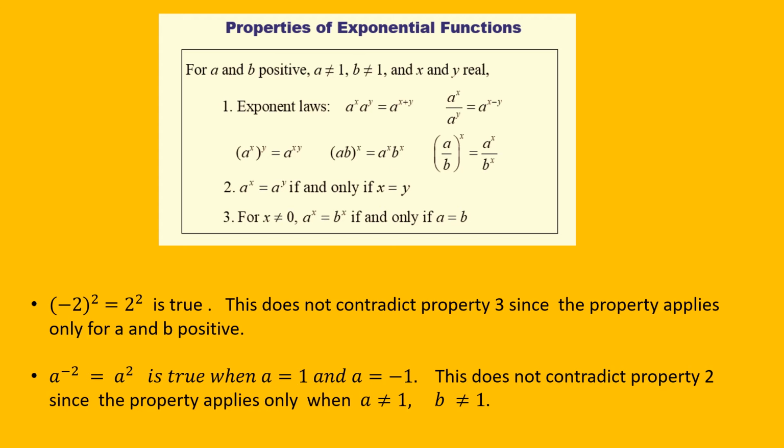This again does not contradict the given property, property 2, that a raised to x would be a raised to y only if x is equal to y. Here x = -2 is not equal to 2, but still it is true. Why? Because it doesn't satisfy the original conditions. That result is true only when a is not equal to 1, b is not equal to 1. Here we get a equal to 1 and a equal to -1. So this result does not contradict the property.